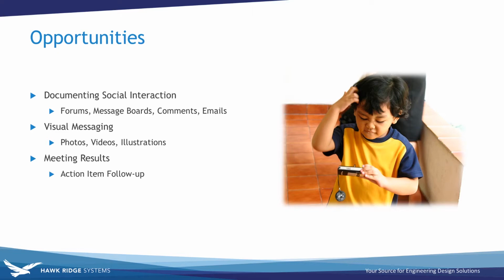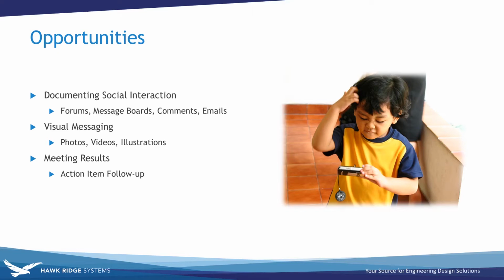I know internally here at Hawk Ridge, we use a messaging system called Glip that allows us to share documents and communicate back and forth. But those tools are typically detached from your vault. They don't have a relationship directly to what's going on inside PDM and the control documents and the designs that make up your product. But they can speak to process and how you manage those interactions.